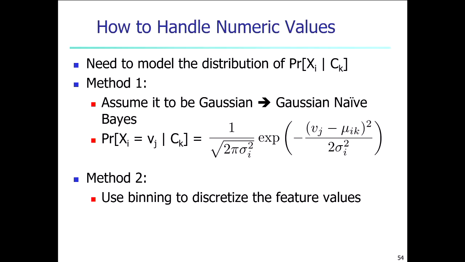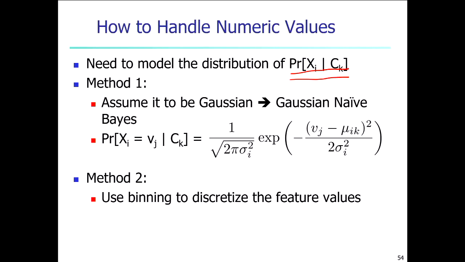The next thing is, if you noticed, what we were doing before is trying to handle the categorical values, but how to handle numeric values? There are two methods. The essential idea is all we need to do is to model or estimate this probability of xi given ck.